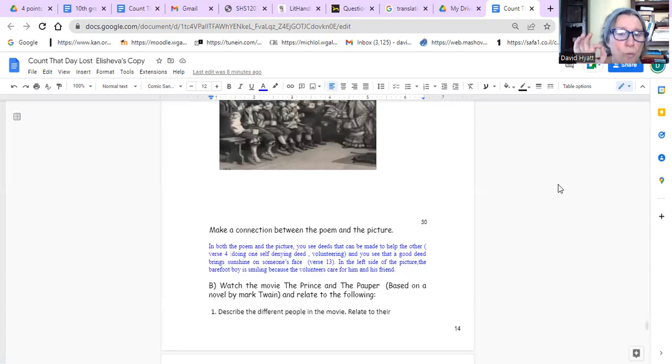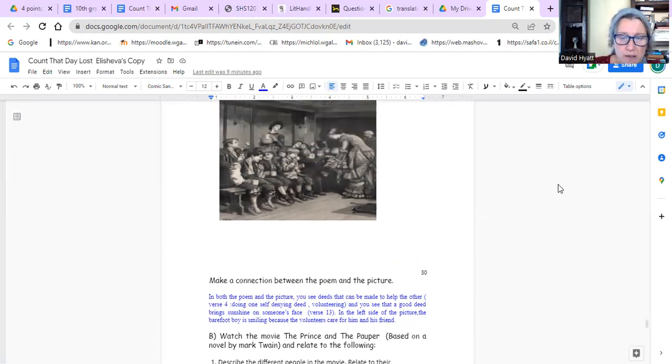Verse 4, doing one self-denying deed, volunteering. And you see that a good deed brings sunshine on someone's face. זה רק משלים, אפשר למצוא משהו אחר, אבל פה אני אומרת משהו ואני בודקת שאם אני אומרת שיש משהו משותף בין התמונה לשירה, אני יכולה למצוא בתמונה ובשירה משהו שמשותף. אז פה I say in the left side of the picture, בצד השמאלי של התמונה, the barefoot boy, הילד שחסר לו נעליים, מחייך. למה?